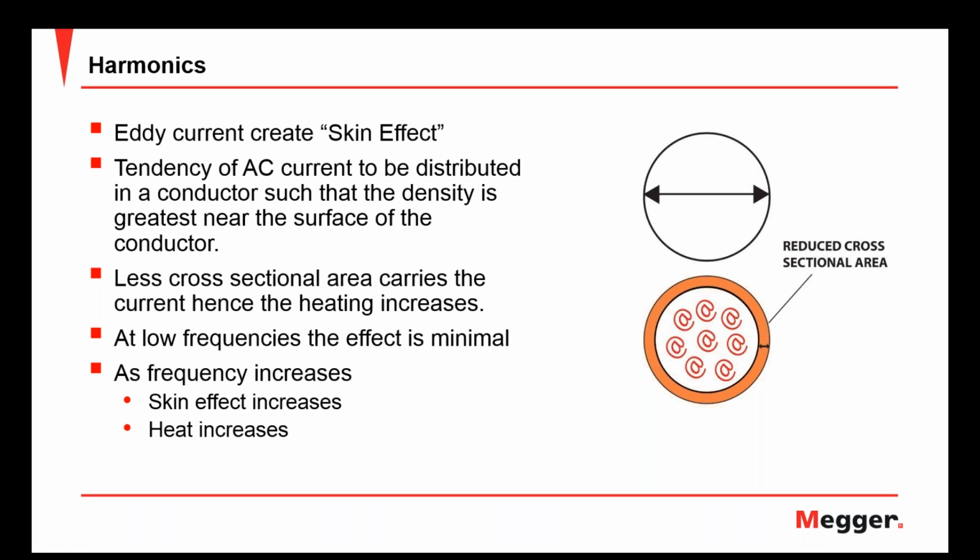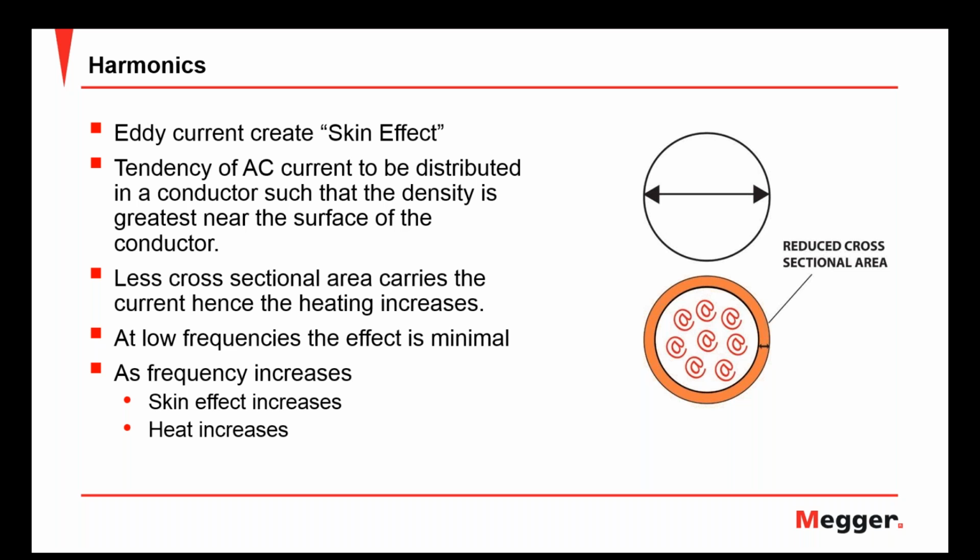At low frequencies, it's minimal. But as we start getting higher and higher in frequency, so as you get higher frequency harmonics, your skin effect increases, which means you're using less and less cross-sectional area of the wire, which means it's going to get hotter. So when we're looking at things that are heating up, we do want to look at the higher order harmonics and see what they look like.